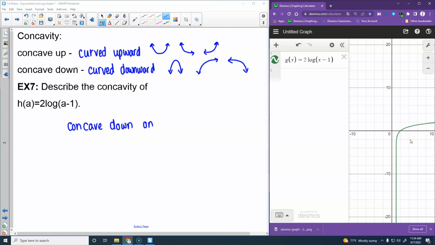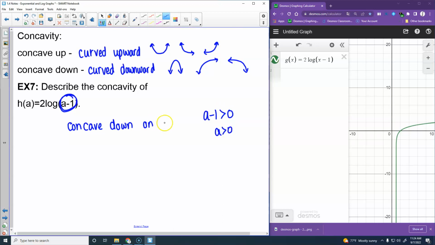So how can I tell for sure if it's 0 or 1? Look at whatever you're taking the log of. That must be greater than 0. Okay, so whatever you have here for your domain, a minus 1 must be greater than 0, which means a has to be greater than 0.